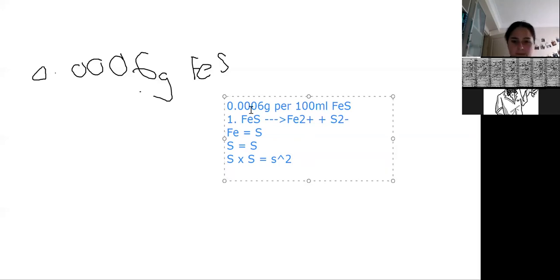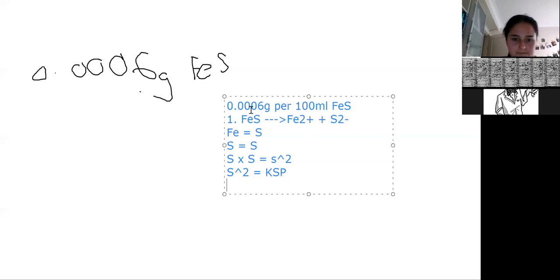So we will have S squared, and S squared would equal our KSP value.